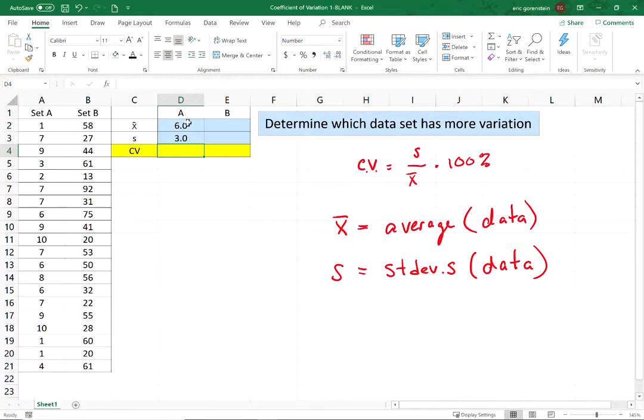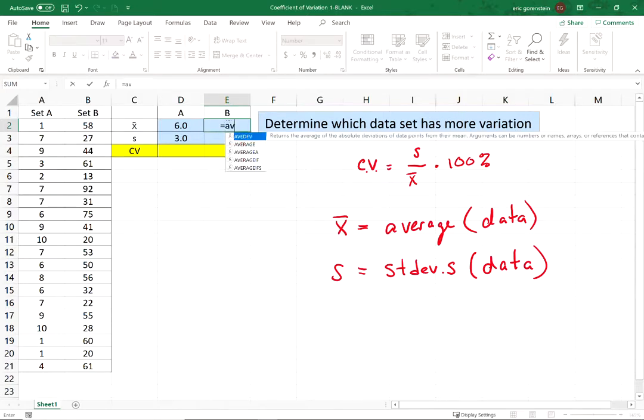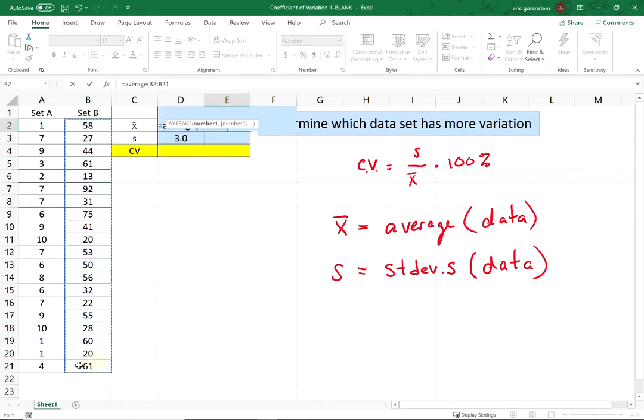Now, this mean of 6 is referring only to set A, and has nothing to do with set B, and this standard deviation of 3 is referring to set A, and has nothing to do with set B. Okay, so let's do the same thing for set B. The sample mean would be equal average, parentheses, location of the data.